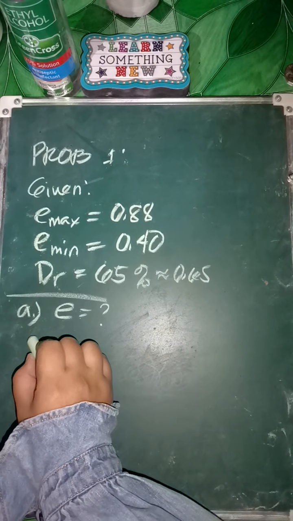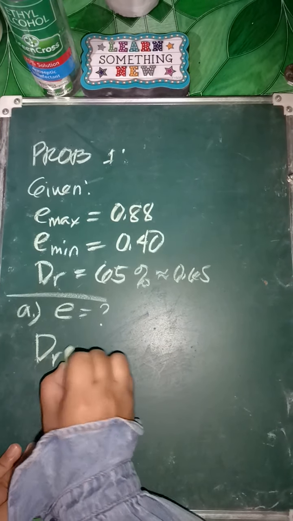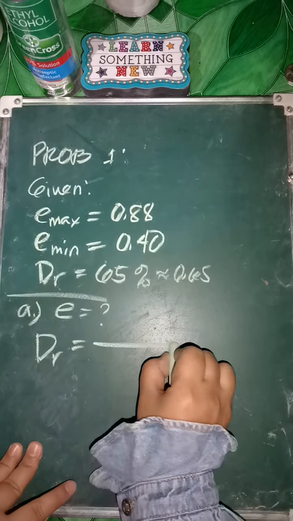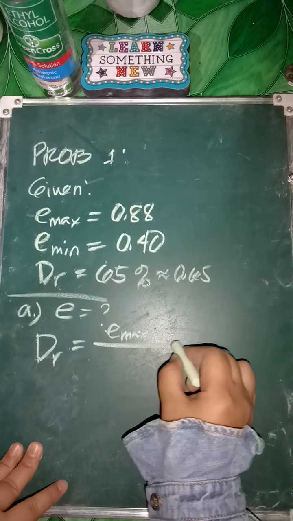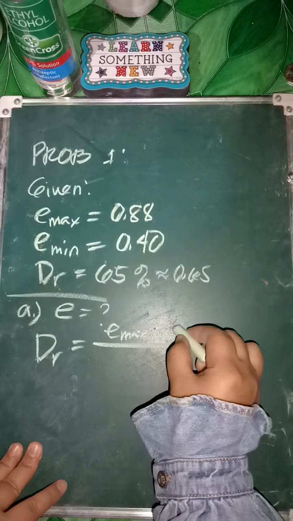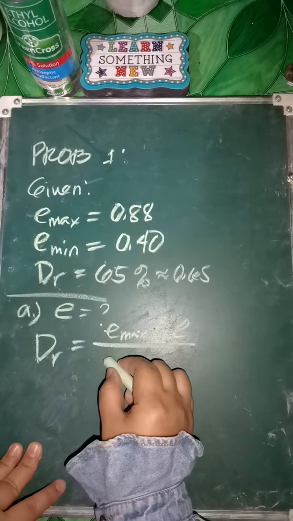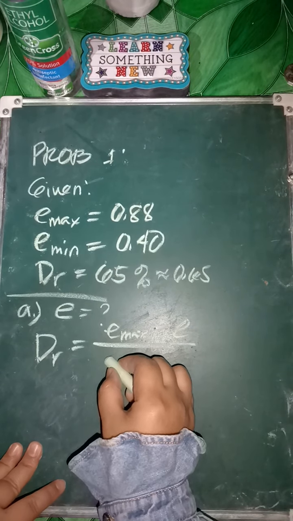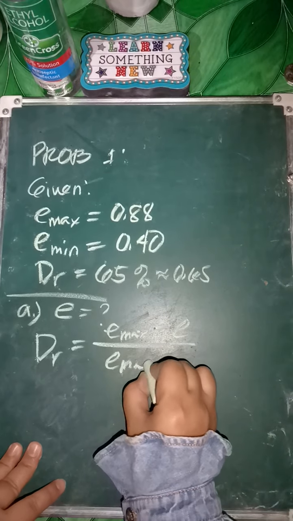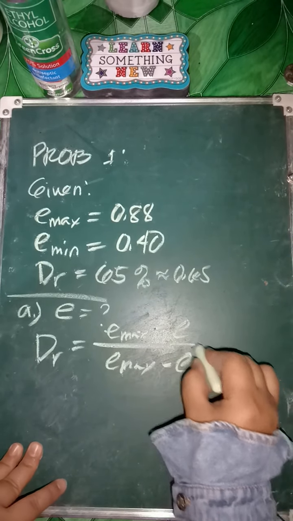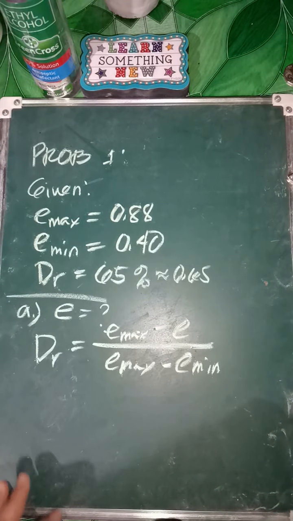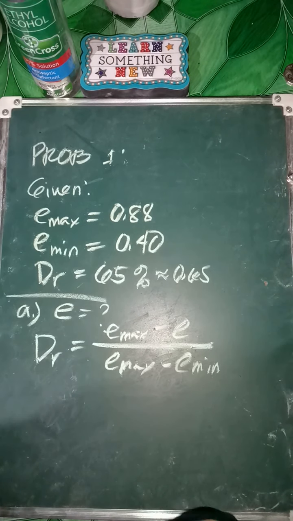So the equation to use is D sub r equals E maximum, the void ratio in the loosest condition, minus the in situ void ratio, all over E maximum minus E minimum, or the void ratio in the densest condition.